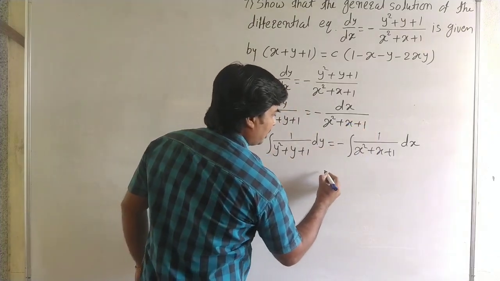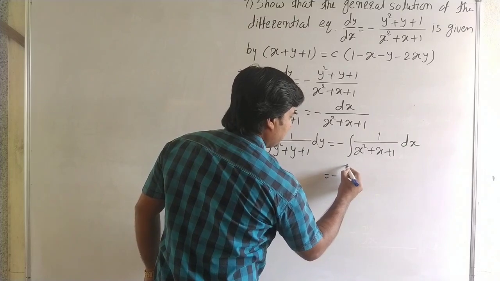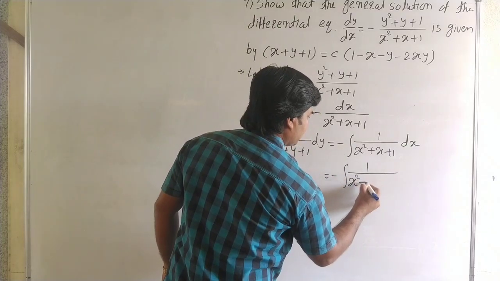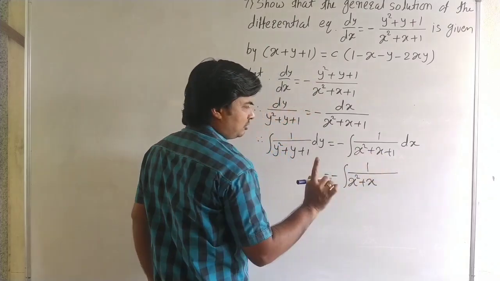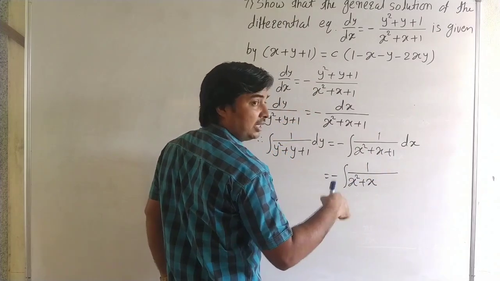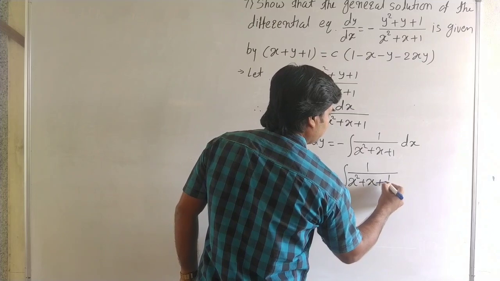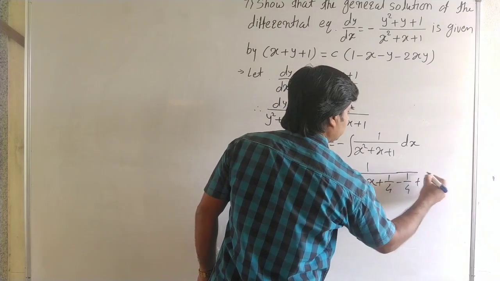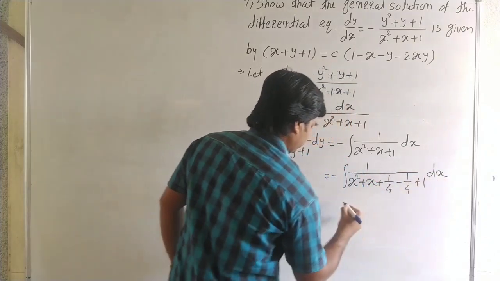Therefore, by the completing square method, minus integral of 1 upon x square plus x. The coefficient of x is 1, half of 1 is 1 by 2, and the square is 1 by 4, so plus 1 by 4 minus 1 by 4, and plus 1, dx.